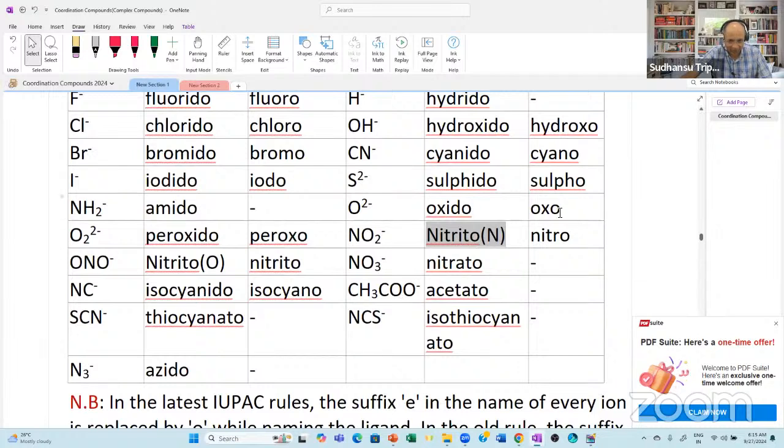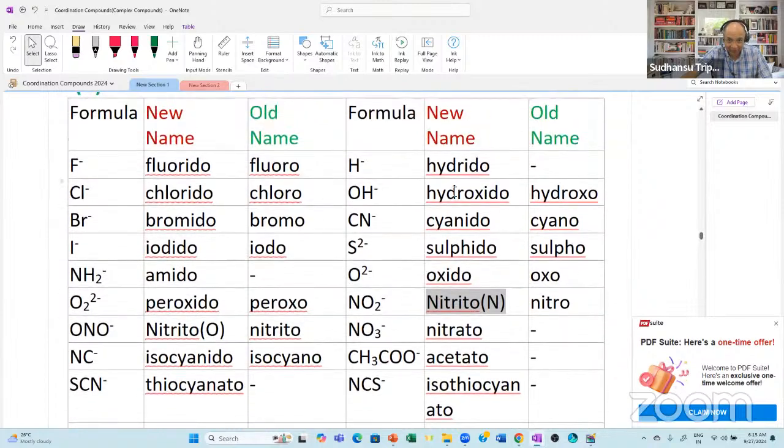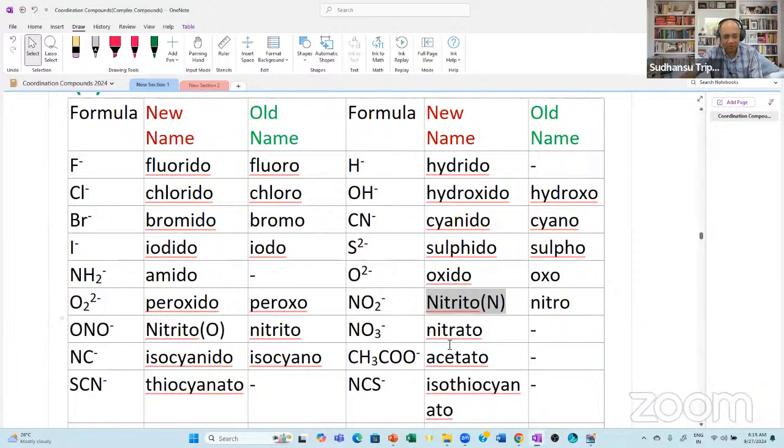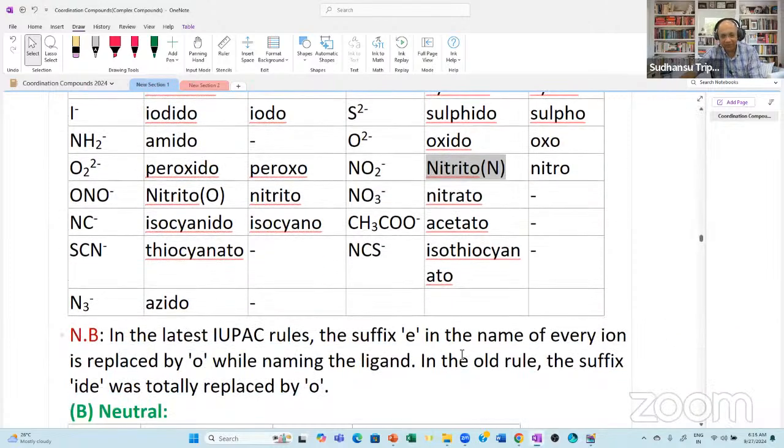Now it is called oxido. It was called oxo. But what about hydrido? There is no name for hydrido. Cannot call hydro. But for AT and IT, no rule is different. Same. Only O was replacing E, azido.